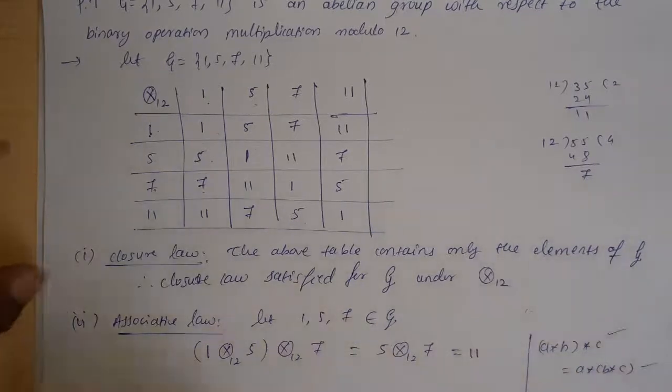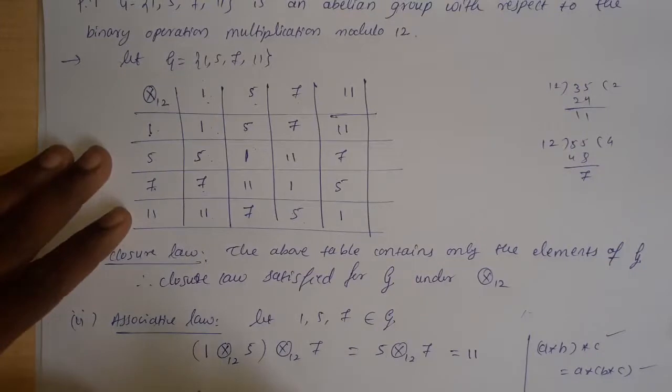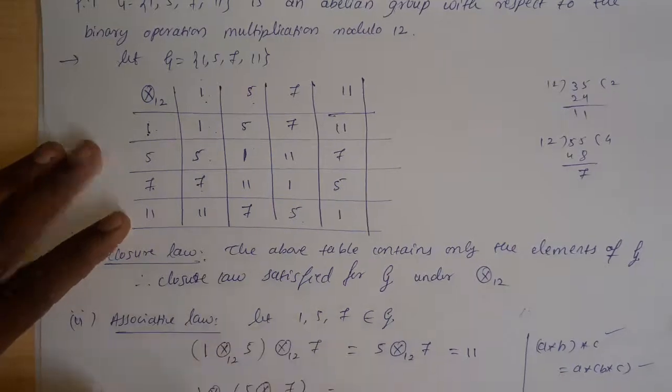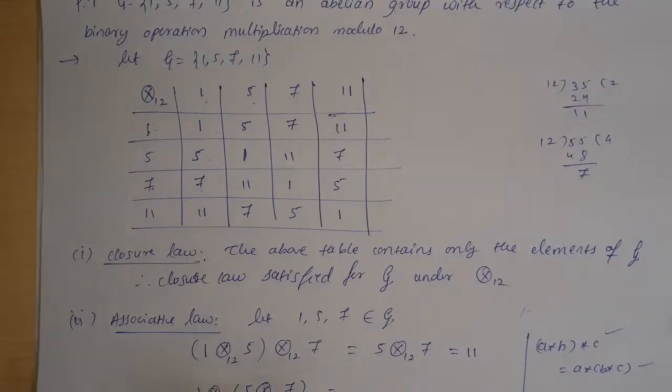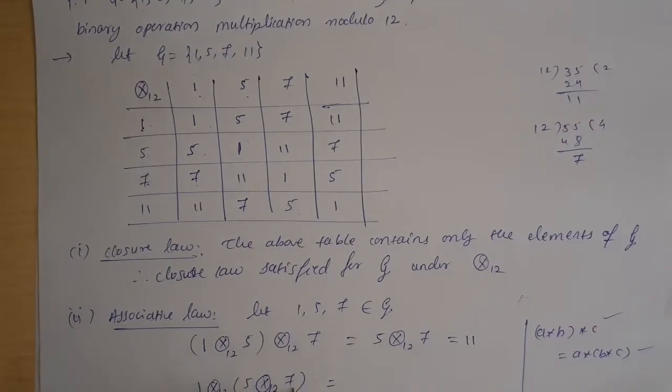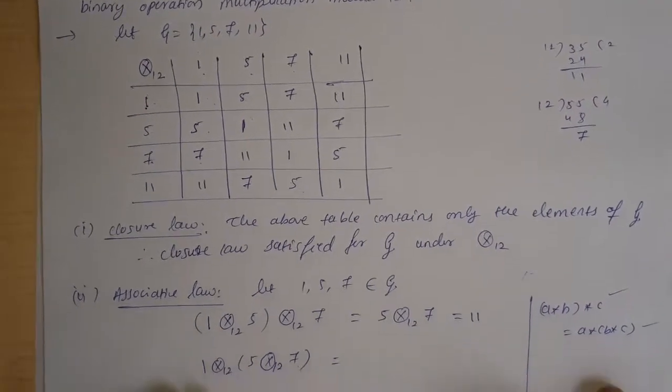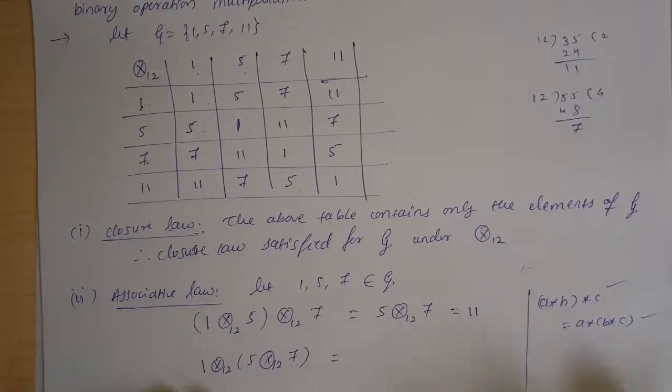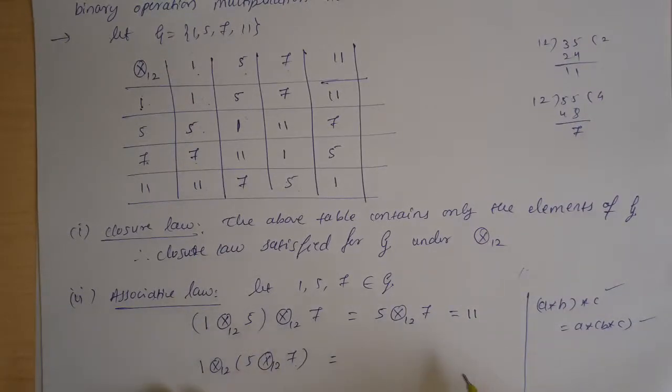Now we have found the value for the LHS part. Then for the RHS part, that is 1 multiplication modulo 12, and here 5 multiplication modulo 12 7. Here 5 into 7 equals 35, then dividing by 12, 11 is the remainder.